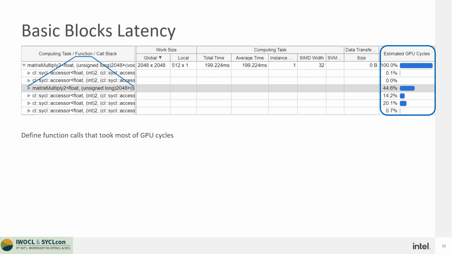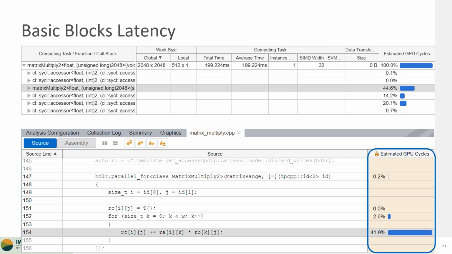And like in this picture, it's providing the distribution of estimated GPU cycles against each function call inside the kernel. This analysis type, basic block, means that the latency in CPU cycles is defined against the blocks where there are no jump instructions.